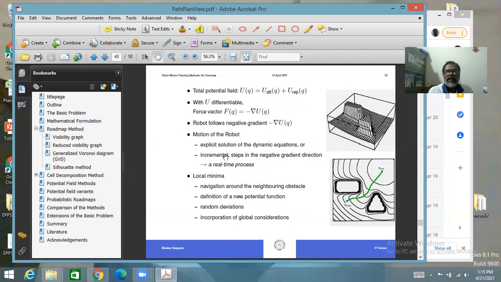So incremental steps you take in the negative gradient direction, and it is a real-time process. That is, the dq, that is the nearest obstacle, will be found by sensors, and based on those sensors, this formula will take over and give you the step.